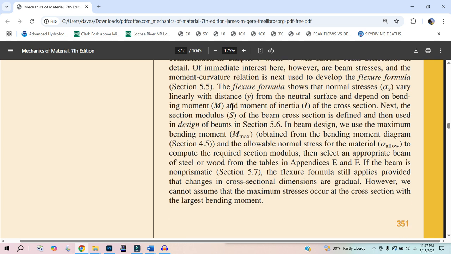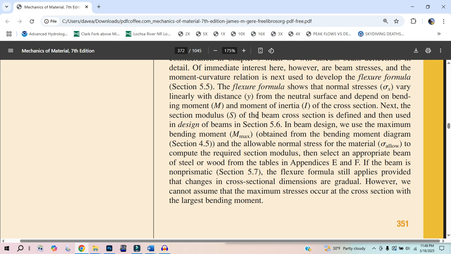So next, that's where we get this term section modulus, which is literally just moment of inertia divided by y, if I'm getting that right. What's the equation? Stress is My over I. You can think of it as My on the top, I on the bottom.